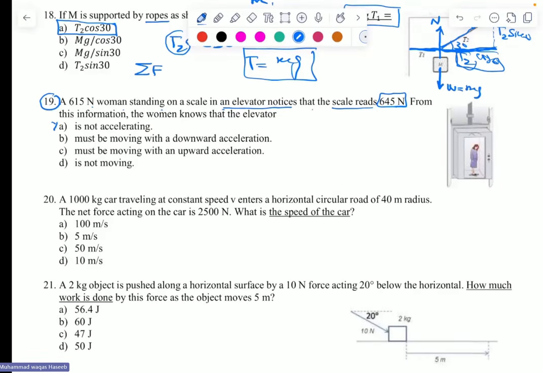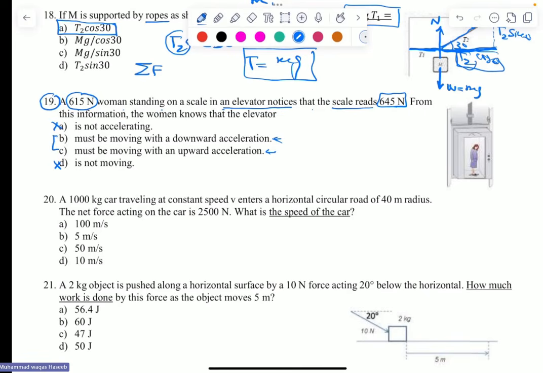That's not correct. It must be moving with a downward acceleration, or an upward acceleration, or it's not moving. If it's not moving, then the weight will be the same, so this is not the option. Now we are left with two options.